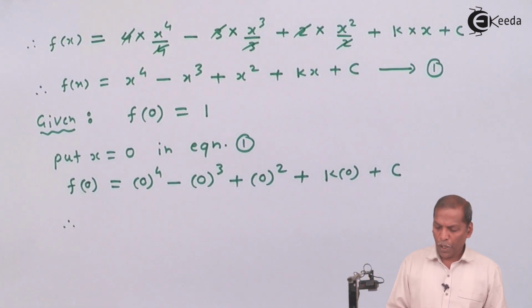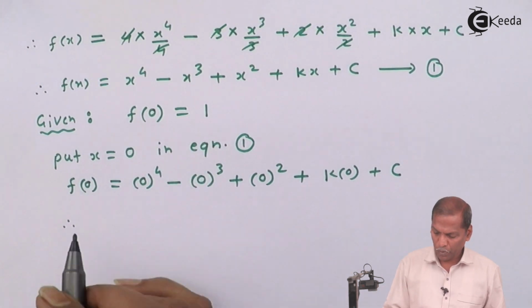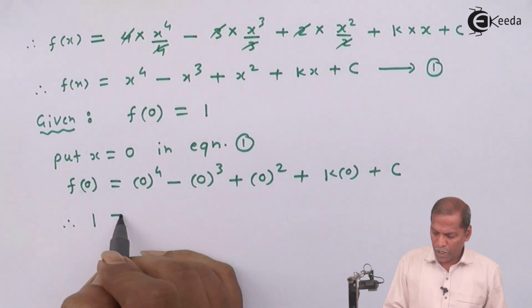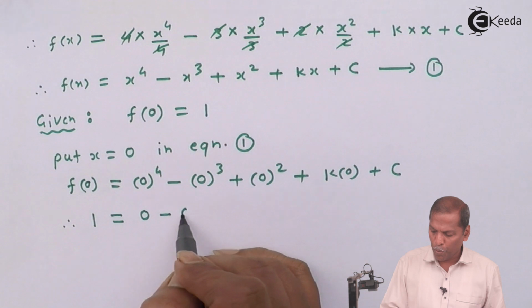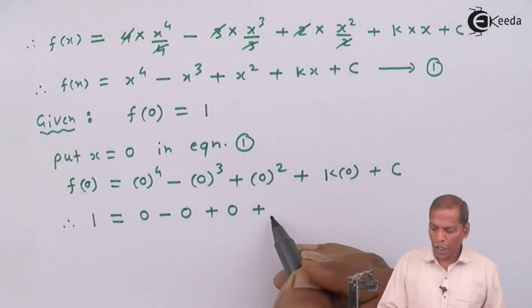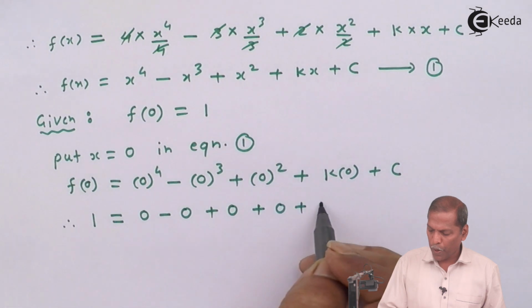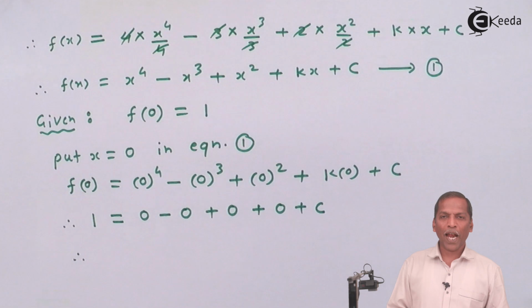Therefore, now here f of 0 is given as 1. So we write 1 is equal to 0 raised 4 minus 0 cube plus 0 square plus k into 0 plus c. So in this way we get the value of c equal to 1.